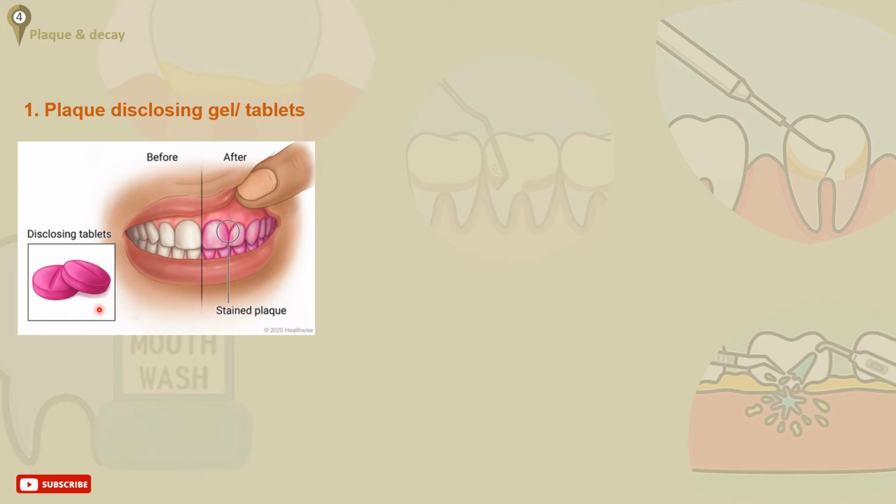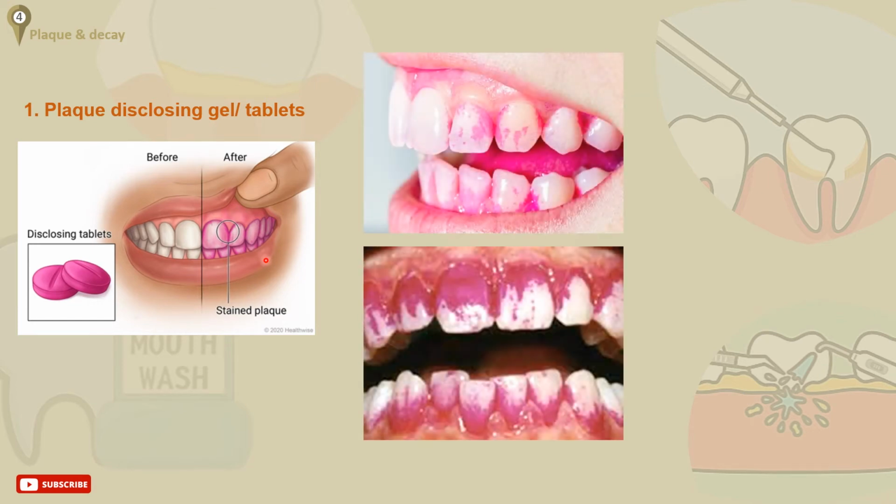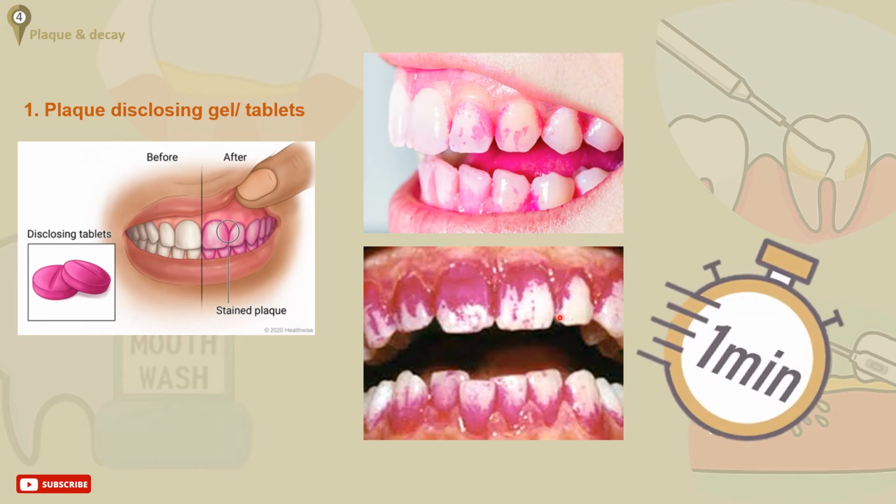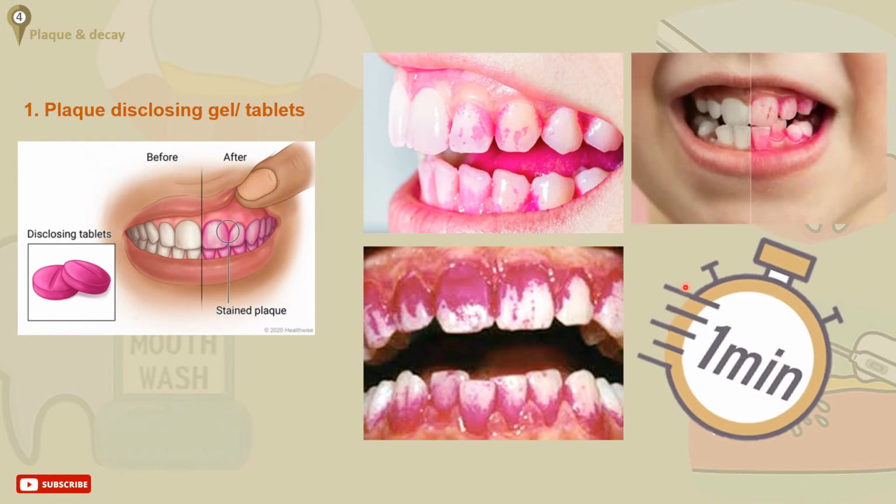These allow plaque detection clinically. Disclosing agents contain dye that turns bright red to indicate plaque buildup. Tablets should be chewed on for approximately 1 minute, and these can be used as an educating tool to show patients the before and after plaque removal status of their teeth.